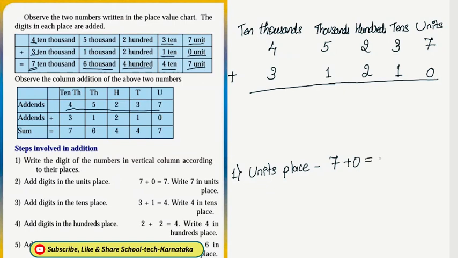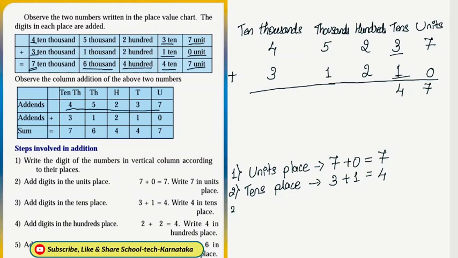What do we get? 7. So we write 7 at the units place. Our next step would be to add the digits at tens place. At tens place we have 3 and 1. 3 plus 1, we get 4. So we write 4 at tens place.